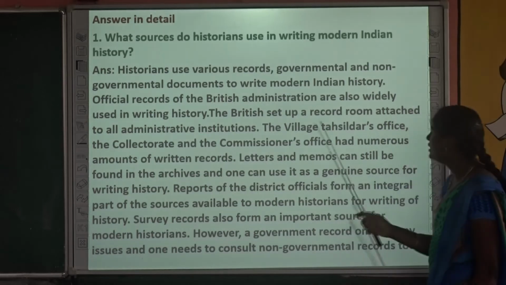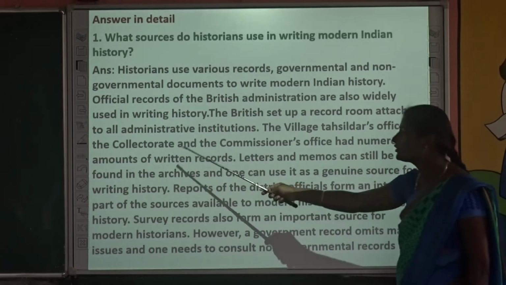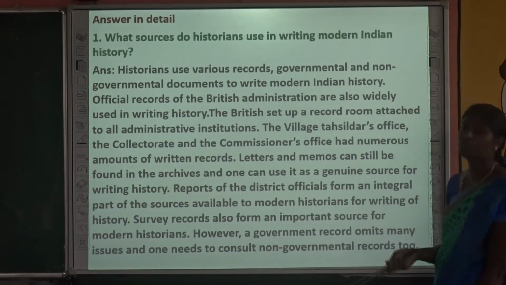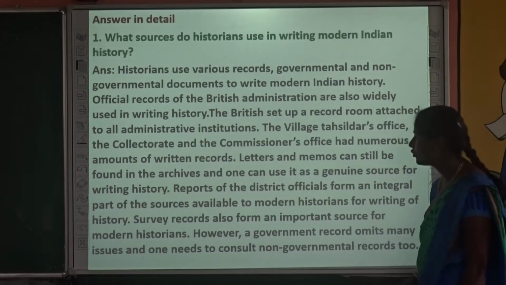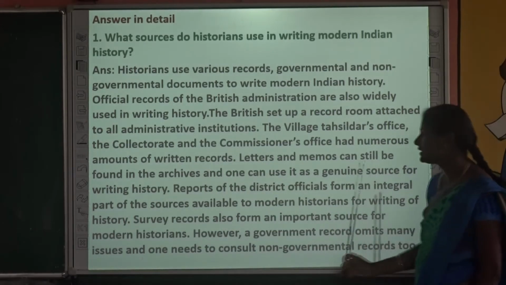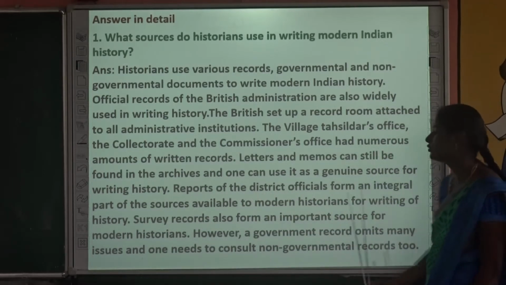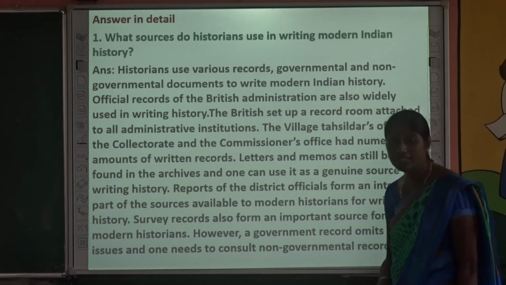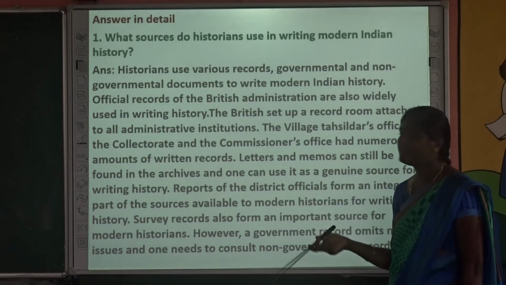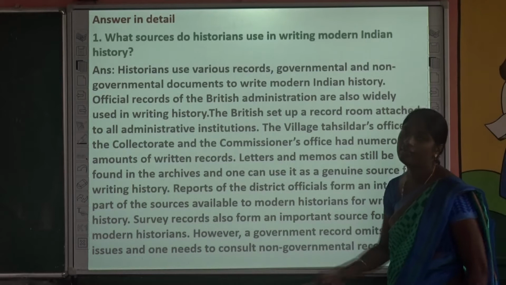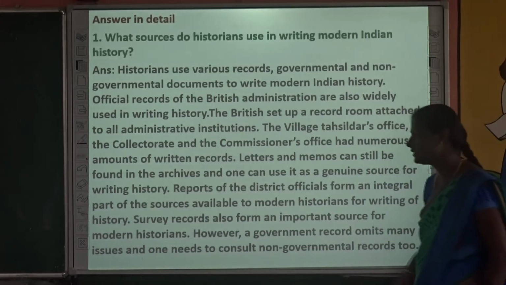So these offices consist of a separate room called the record room. Letters and memos can still be found in the archives and one can use them as a genuine source for writing history.